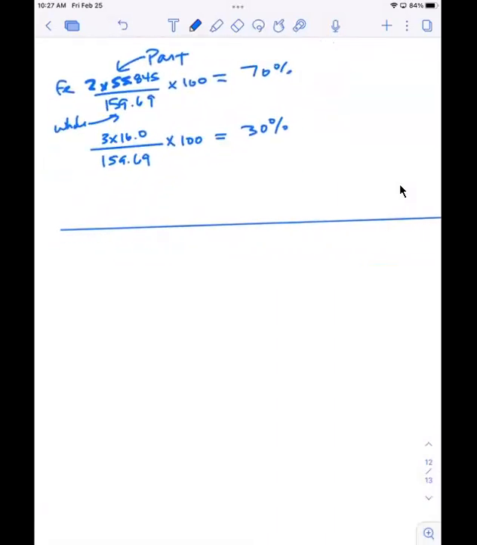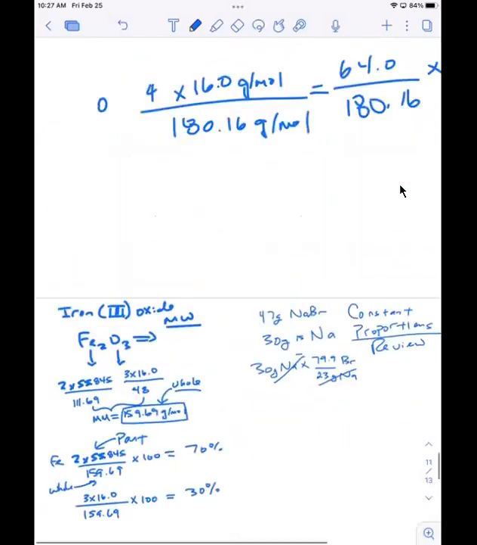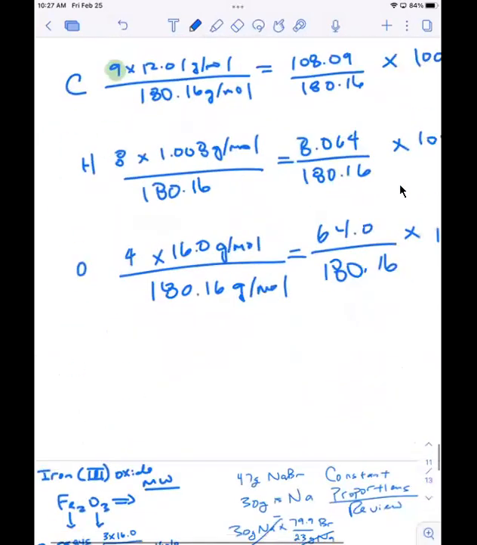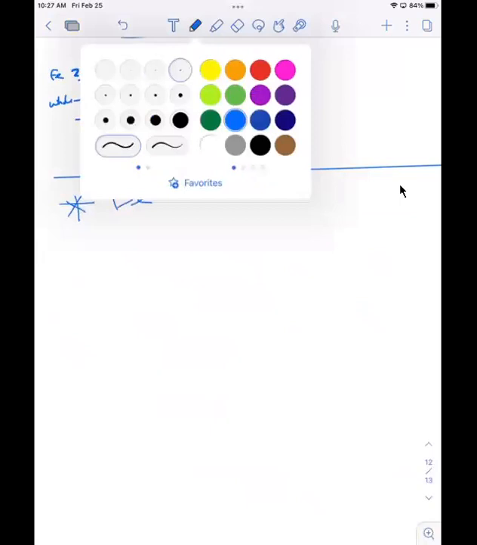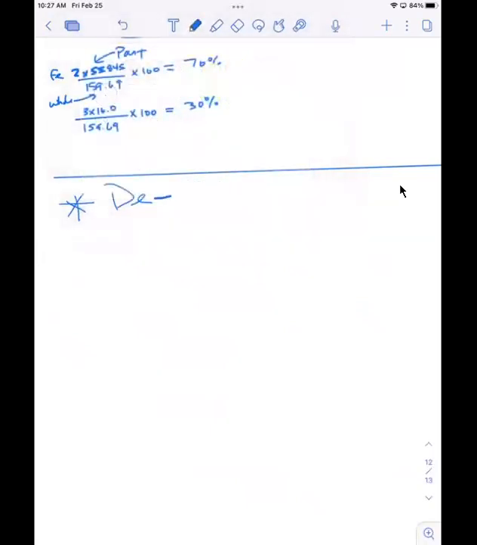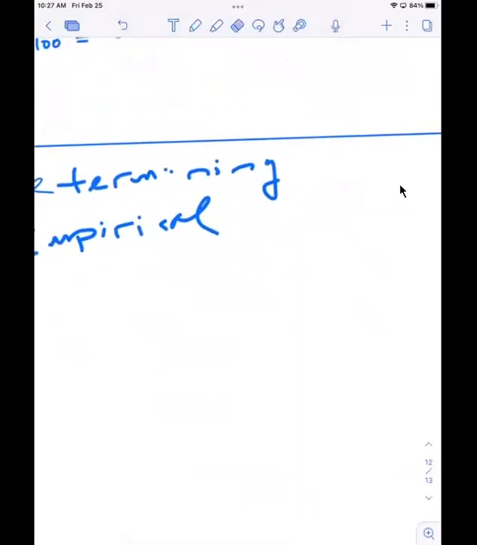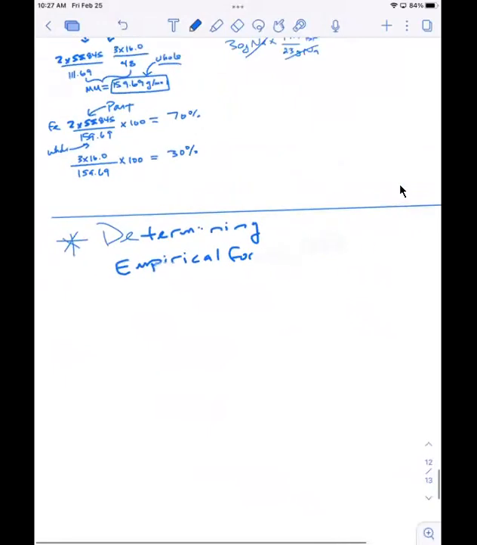So this would be, I guess, 3.2 B or C. We're going to label it. Now I'm going to take that empirical formula and abbreviate it so I don't have to keep writing it out. You'll see me abbreviate it as EF.